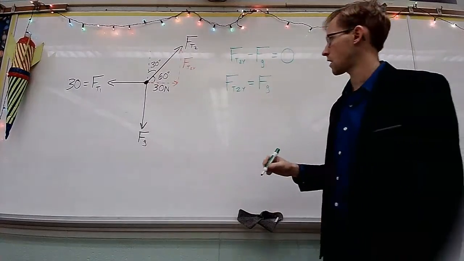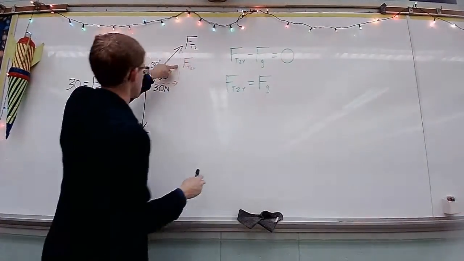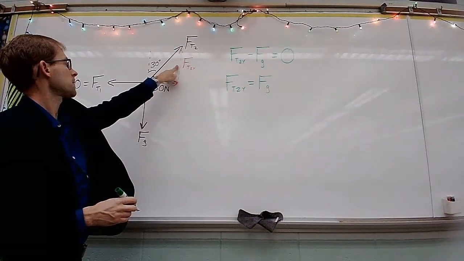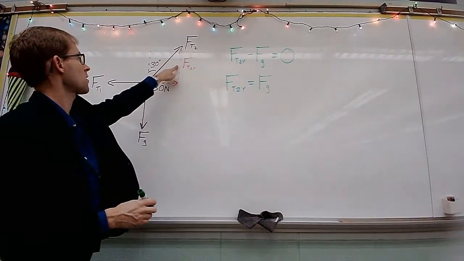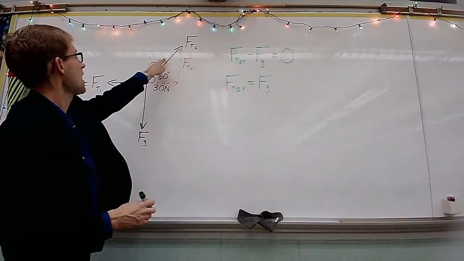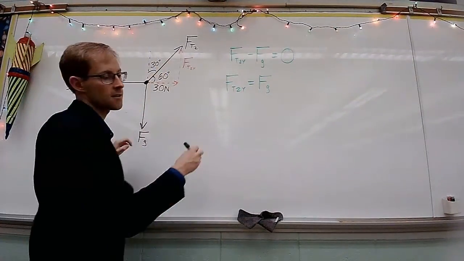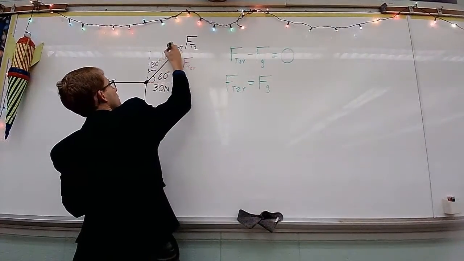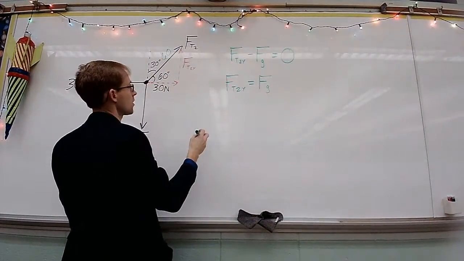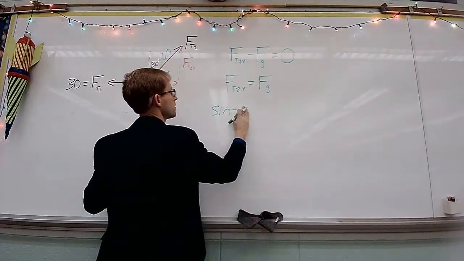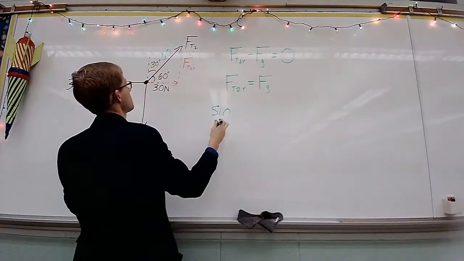And you can do that pretty easily. It's the opposite side of our 60-degree angle. So I'm going to go ahead and use sine here. I know that the hypotenuse is 60. Figured that out in the last part. So sine is equal to opposite over hypotenuse.